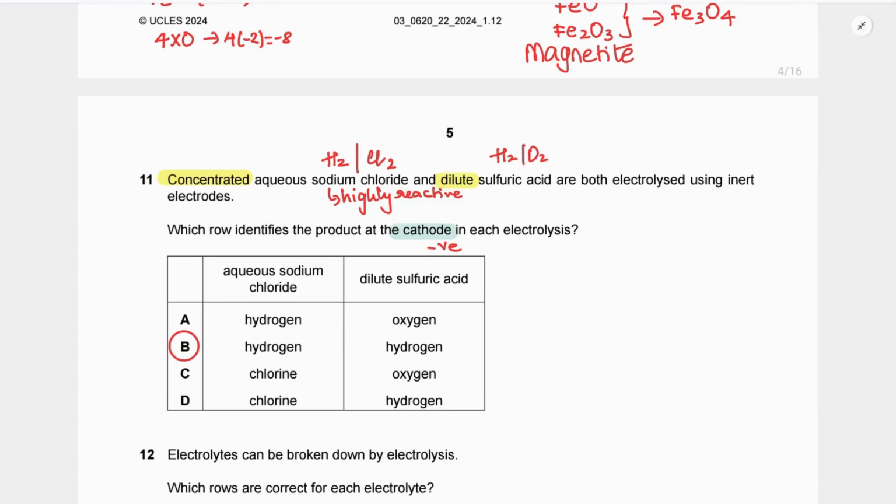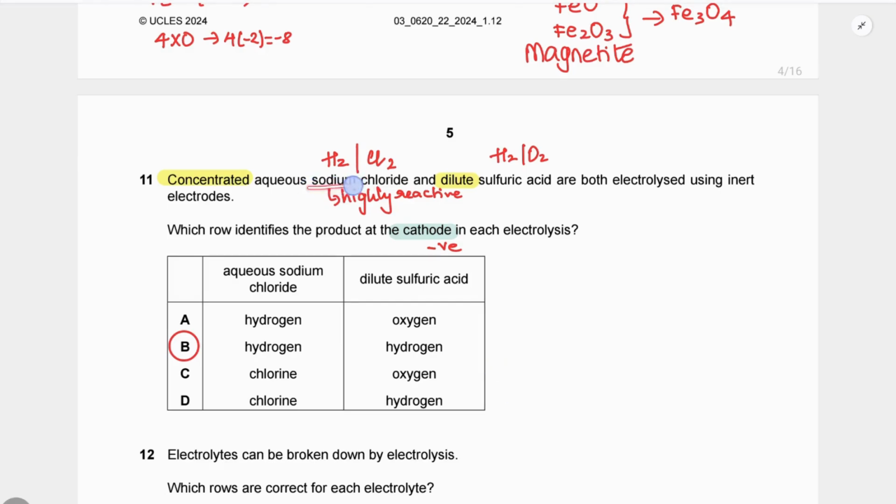First thing we can see here is that we have two solutions. One is concentrated and another one is dilute. Now the concentration will depend on what kind of solution we have added. So we have added sodium chloride. In the sodium chloride, sodium will not get discharged because it is high in the reactivity series.